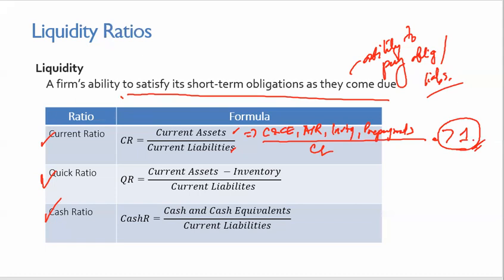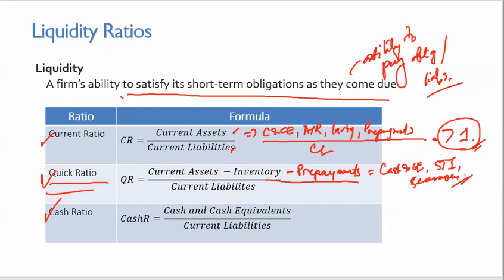Quick ratio. It is current assets minus inventory. Actually, dadagdagan ko to. Minus prepayments, over current liabilities. In other words, ang laman lang niya, cash and cash equivalent, short-term investments at saka receivables.